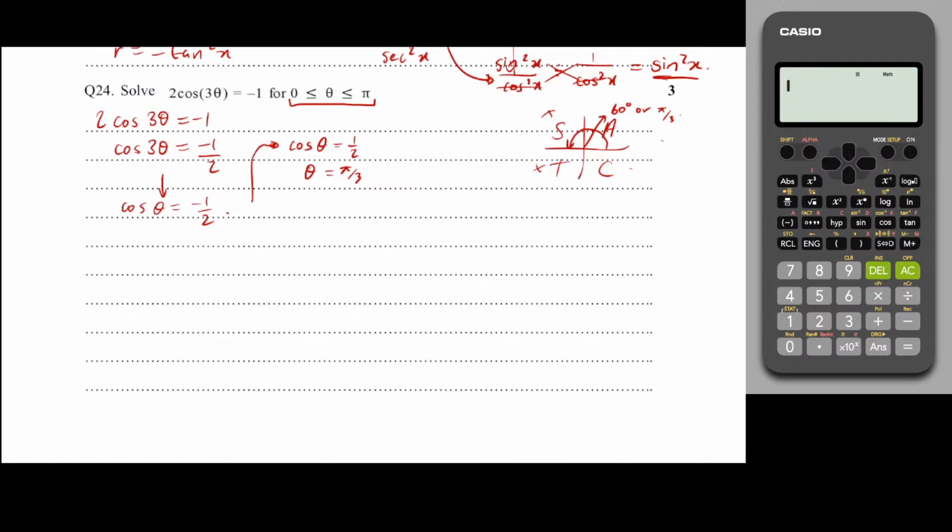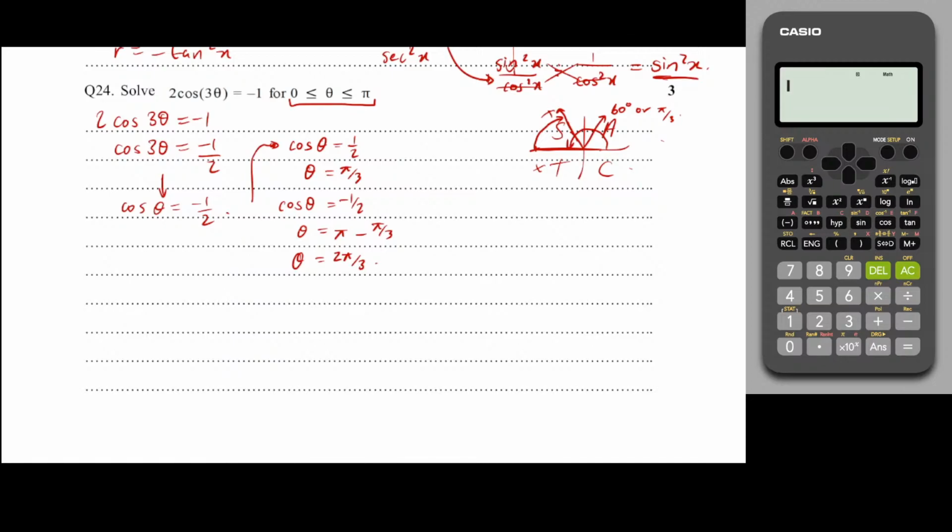Then cos theta is equal to negative a half, theta is going to be equal to, now, to work this one out, we do pi minus pi on 3, because we're going to go to the 180, and we're going to go back around to where that value is. So pi minus pi on 3. So theta is going to be equal to, in this case, what's that? It's going to be 2 pi on 3. Okay. So one of our values is 2 pi on 3.